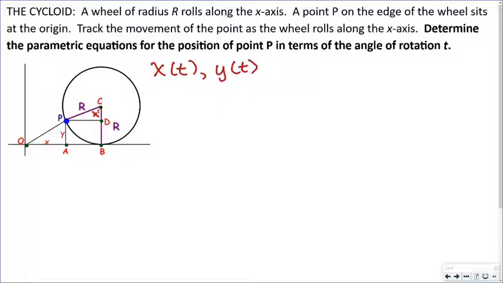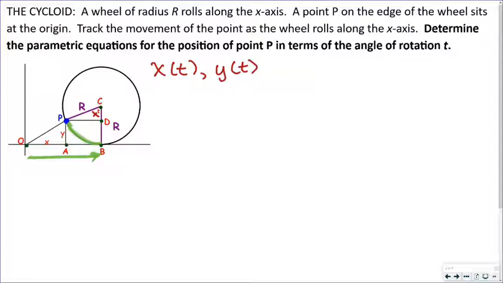Okay, so let's think about what's going on here. Now our goal is an equation for x of t, an equation for y of t. All right, so let's start with x of t. What do I know about x? Well, I know that if point P started at the origin and rolled to the right, then this arc on the circle must be equal to the horizontal distance traveled.